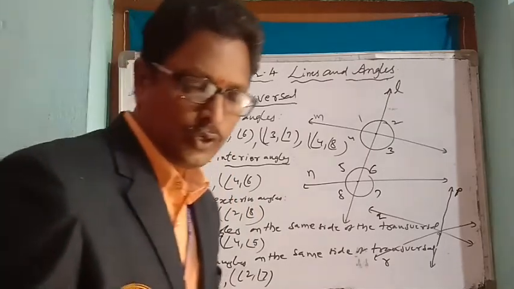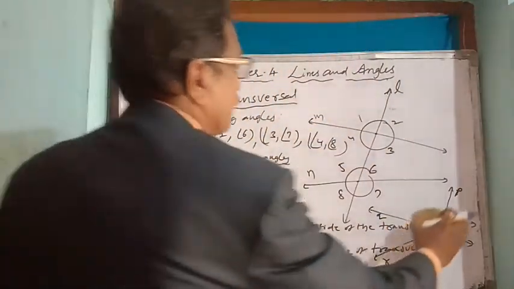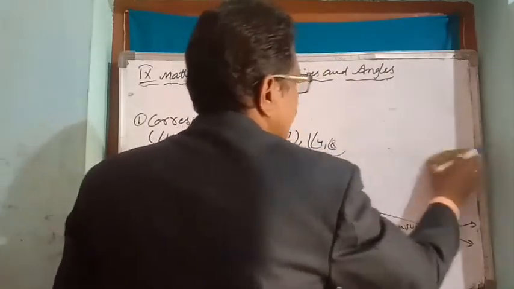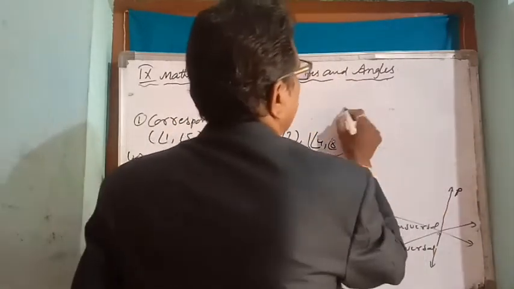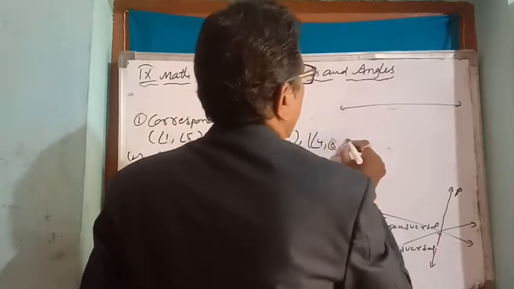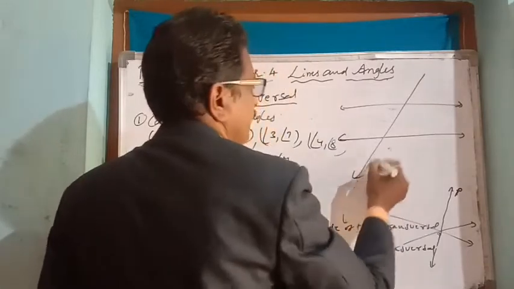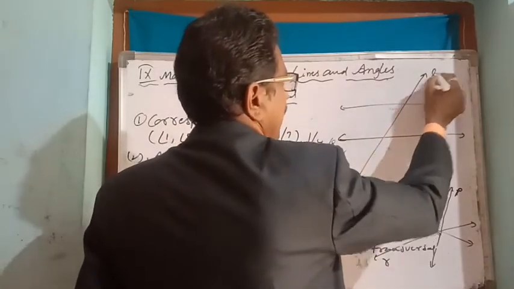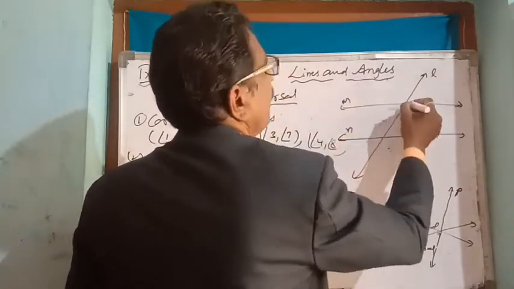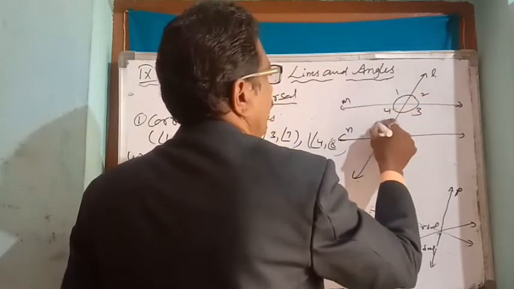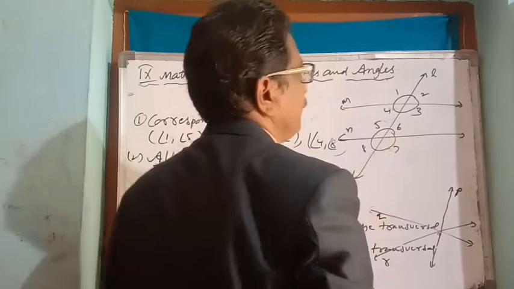Now one more here. When the lines are parallel, L, M, N, here also 8 angles are formed: 1, 2, 3, 4 and 5, 6, 7, 8.